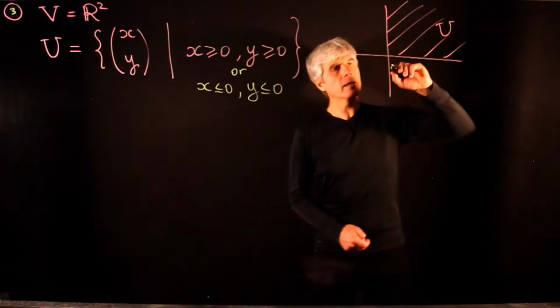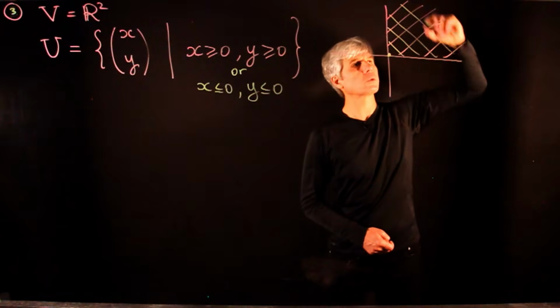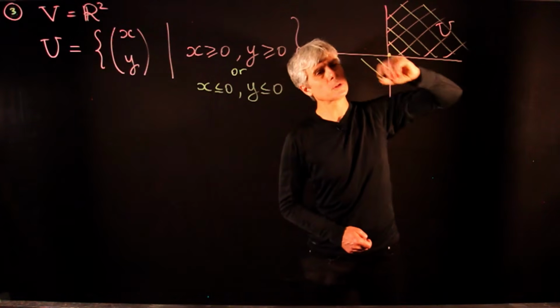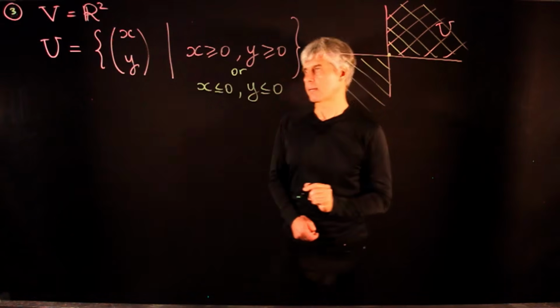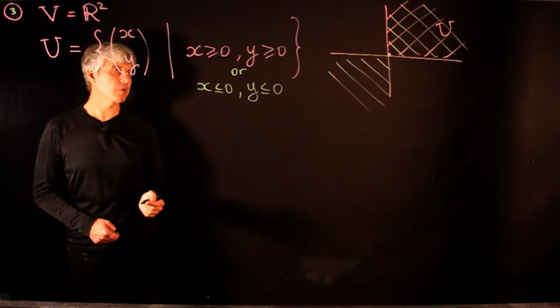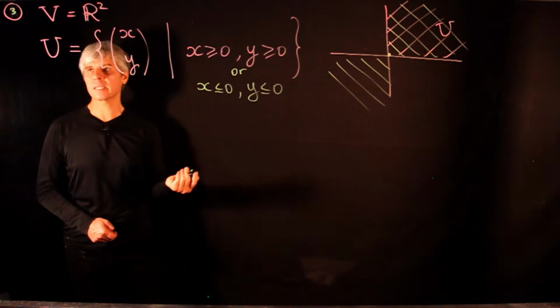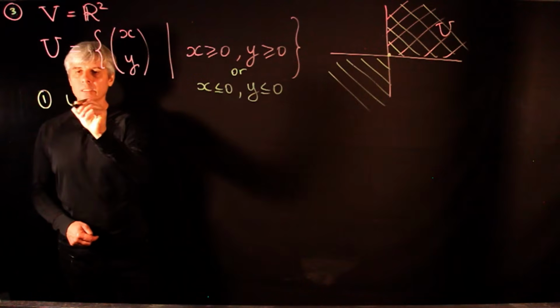Geometrically, this will mean the following set. We still include what we had before, but we also include the third quadrant of the plane. Now let us decide whether this larger set is a subspace or not. So the first property is the zero vector.